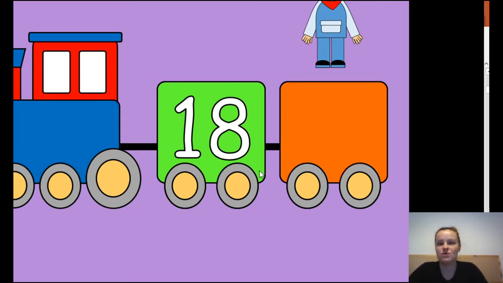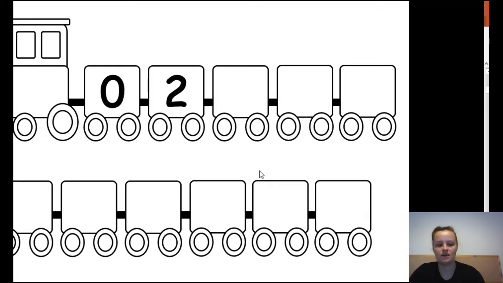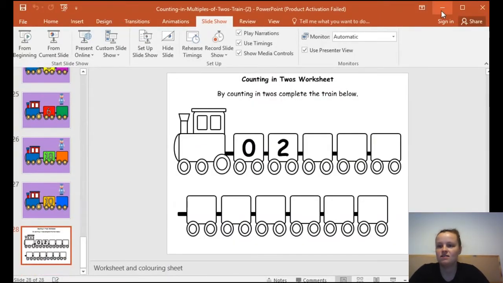So 2, 4, 6, 8, 10, 12, 14, 16, 18, 20. What comes after 10? So 2, 4, 6, 8, 10, 12. There we go. Fantastic. Did some really good counting in 2s there.